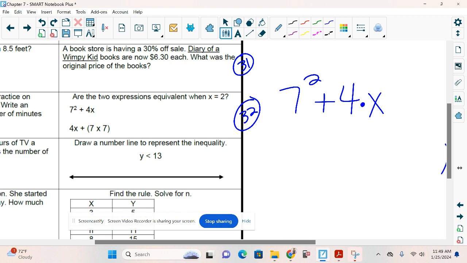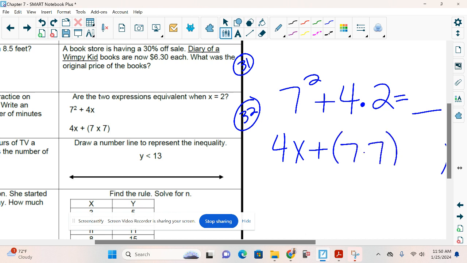I'm going to substitute or replace that x with a 2. And so I'm going to plug that into my calculator and I'm going to get an answer. And then I'm going to look at my next one. I have 4x plus 7 times 7.